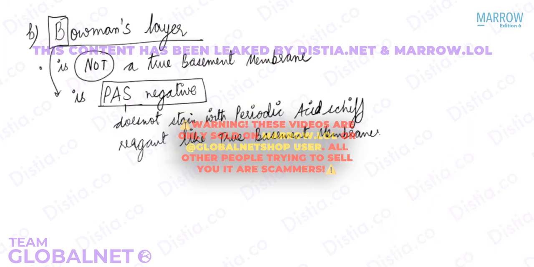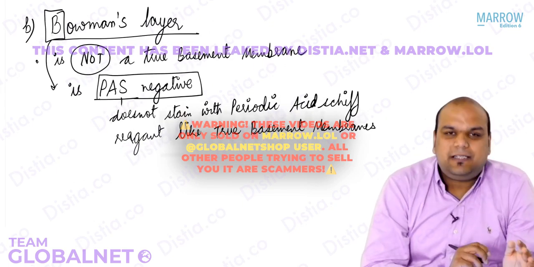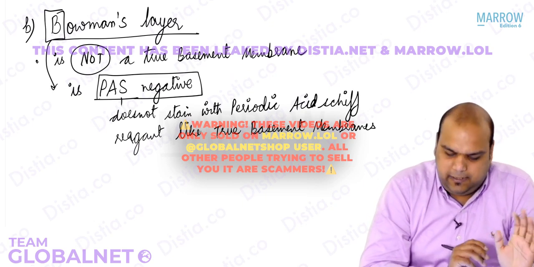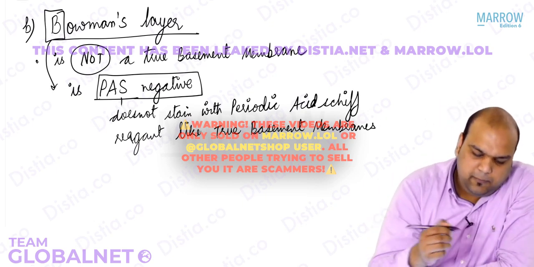True basement membranes should stain with PAS, but Bowman's layer does not, which tells us that this is not a true basement membrane. So that's one important point about Bowman's layer.